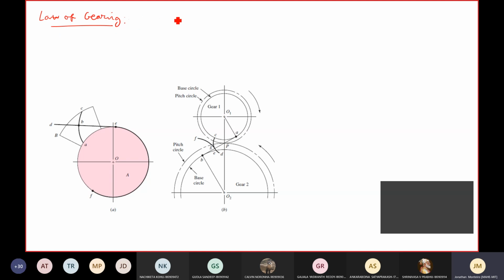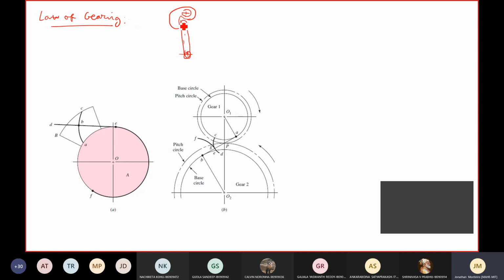You might have come across a simple gear over here, or a simple pendulum-like structure. Then exactly opposite to it is something that is driving it. So maybe you are familiar with this kind of figure.